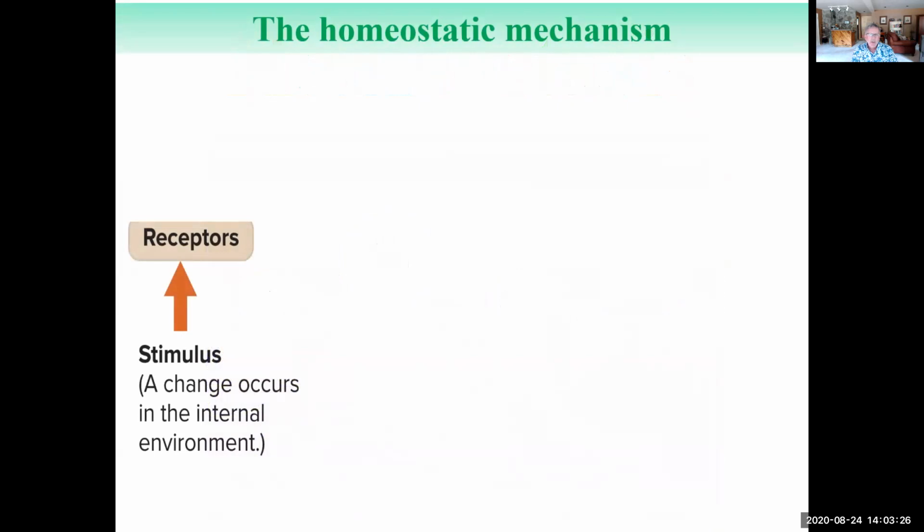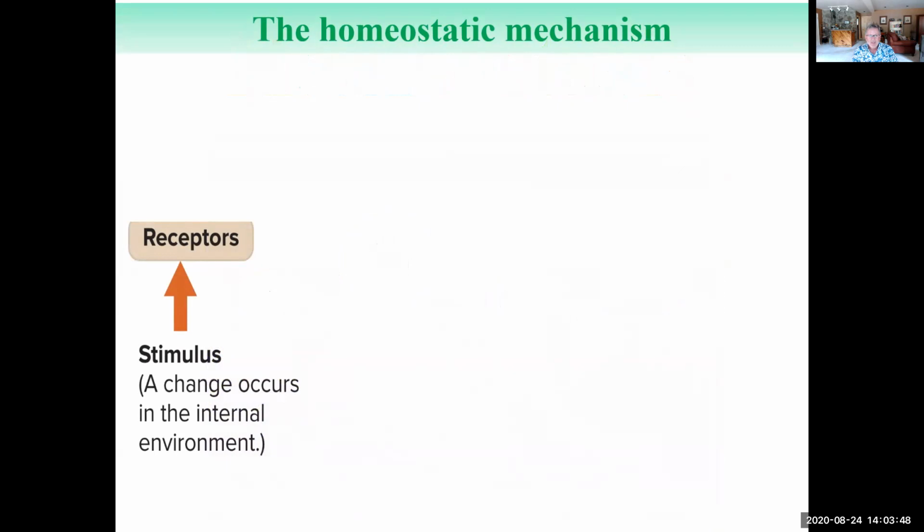All of these mechanisms that we'll be talking about involve some players. And here's the first player. We call them receptors. Now, there's a lot of different kinds of receptors in your body. There are touch receptors. There are photoreceptors in your retina. There are taste receptors in your taste buds.